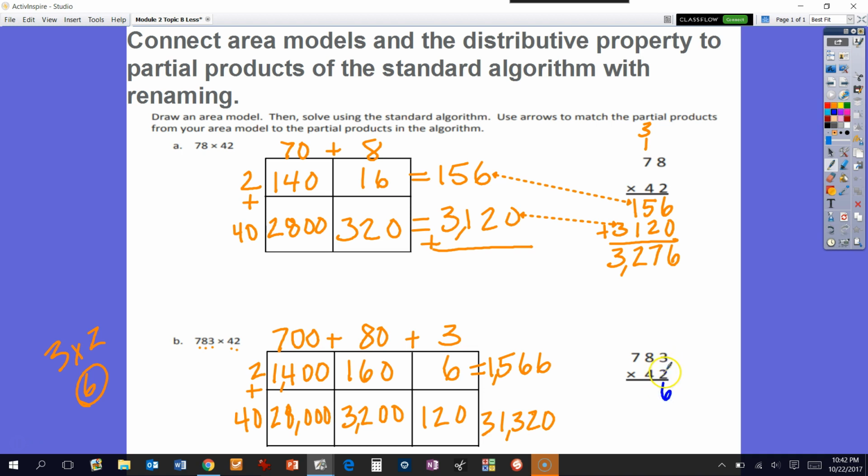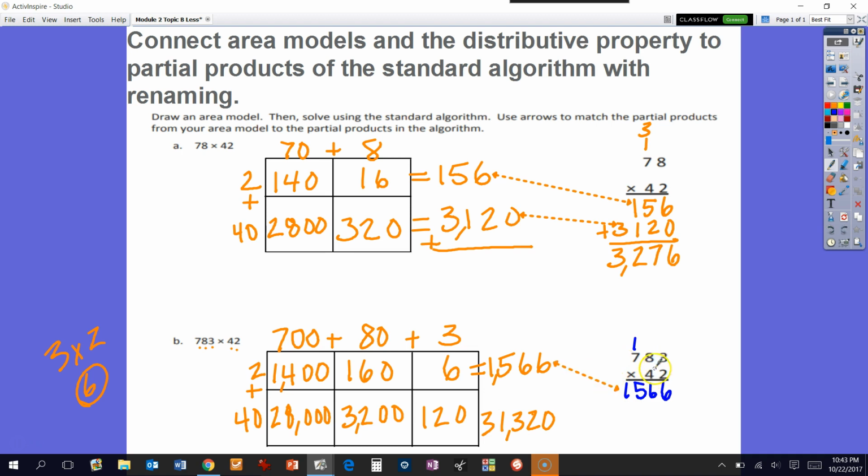So we have 2 times 3 is 6. 2 times 80 is 160. Regroup. So I have my 6 in my tens place, and my 1 was regrouped to my hundreds place. And then I have 2 times 700, 1,400, plus my 100 is 1,500 to give me that matching partial product.